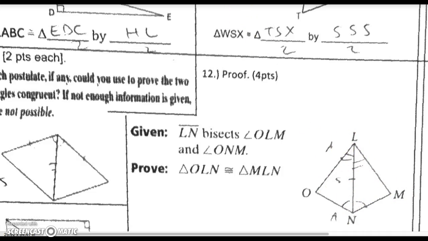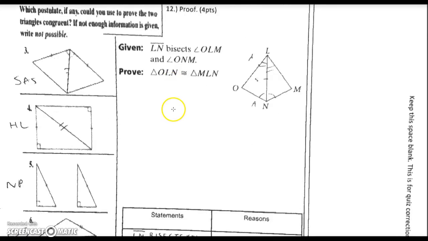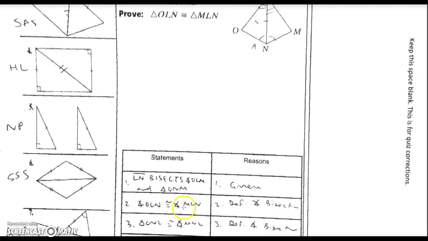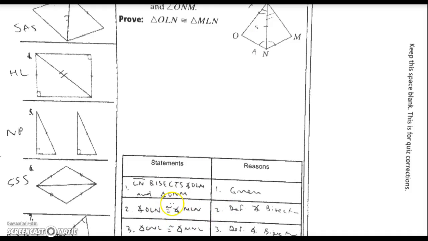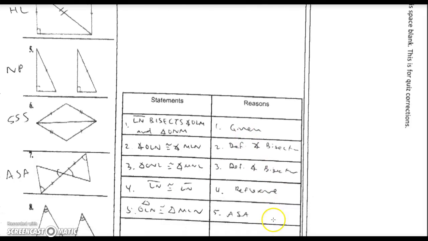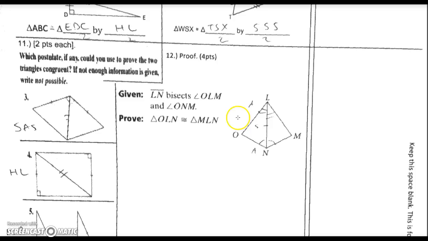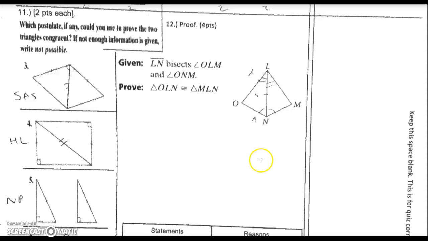Both of these, in this case, my 2 arcs there, 2 arcs there, that's the definition of angle bisector for statement 2. Reason 3, it's this one over here with the 1 arc and 1 arc. Same thing, angle bisector. LN is congruent to LN by the reflexive, and you have angle, side, angle.